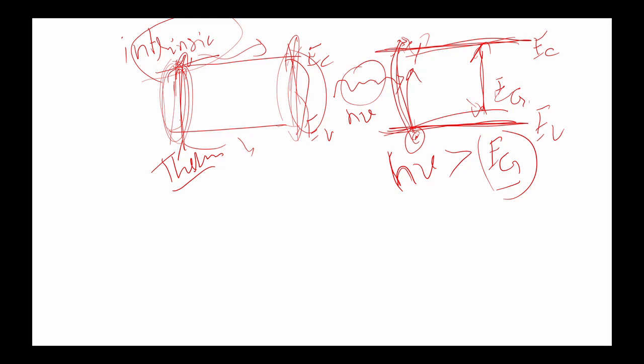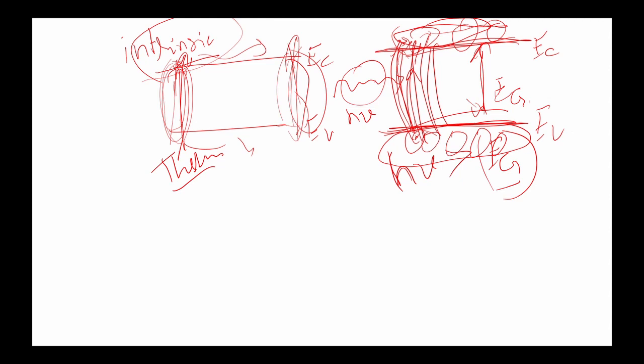But actually, we cannot keep giving energy, shining light over the semiconductor, and have electrons going up and up. What will happen is there will be more of a crowd of electrons up here and a crowd of holes here.